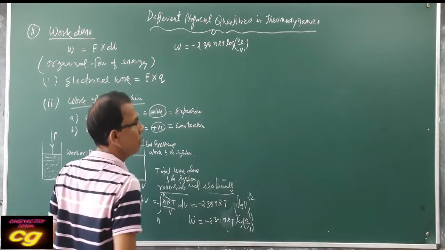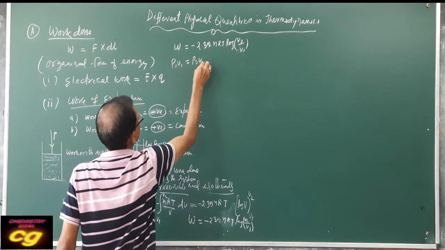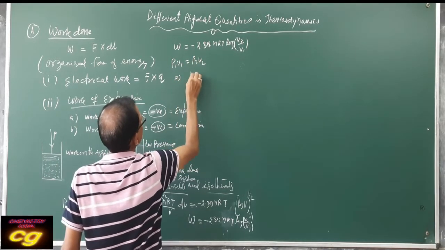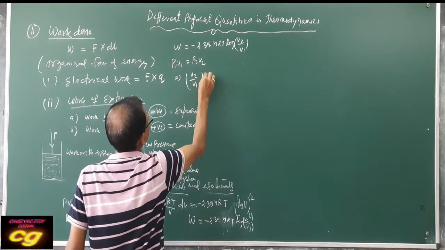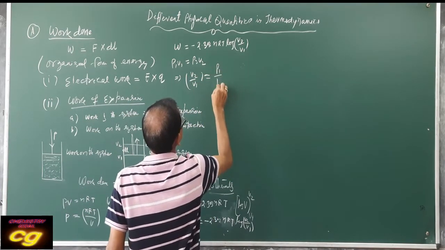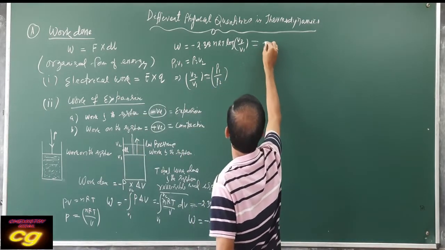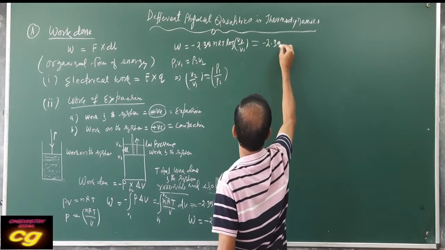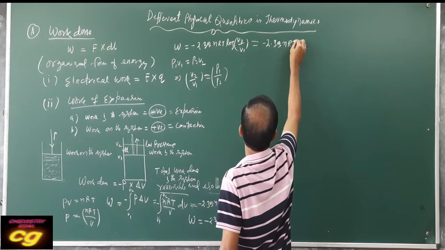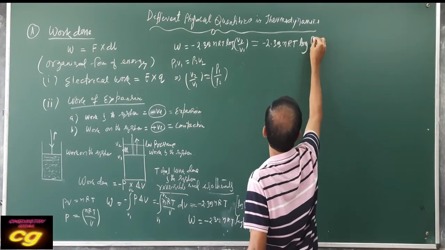But we know P1 V1 is equal to P2 V2, which implies V2 by V1 is equal to P1 by P2. So we can put this equation as minus 2.303 nRT log P1 by P2.